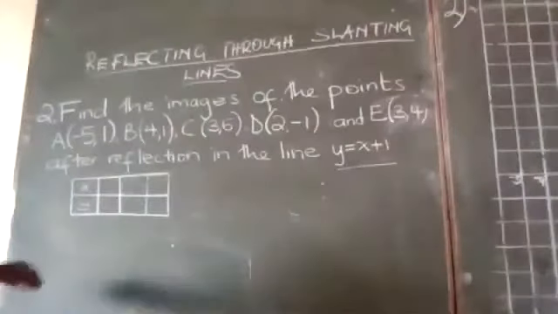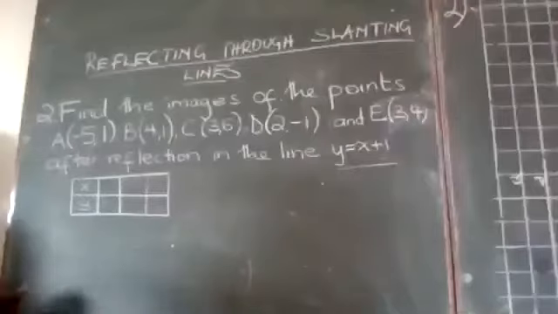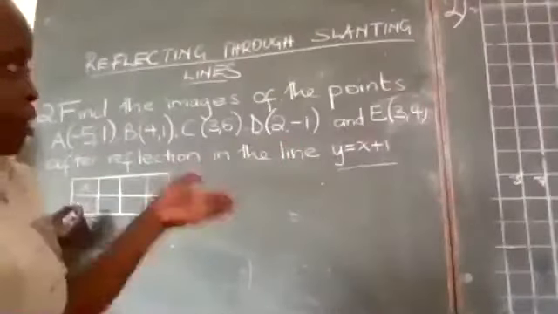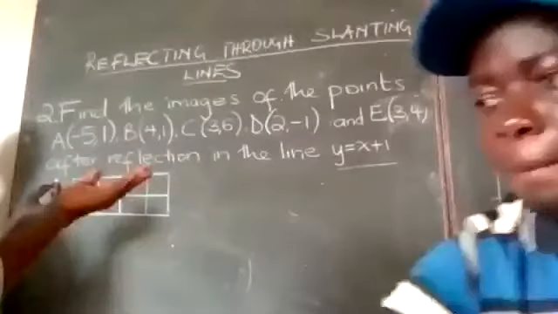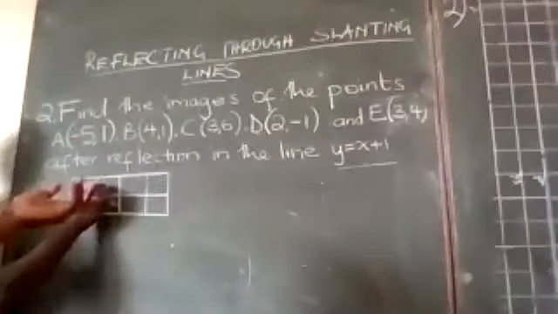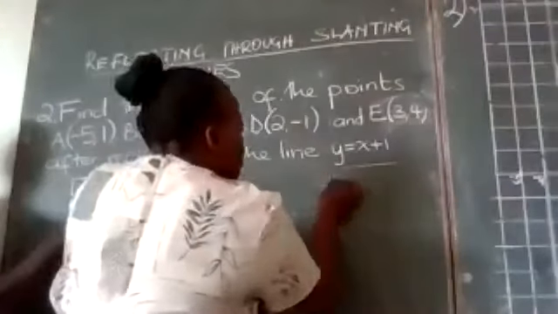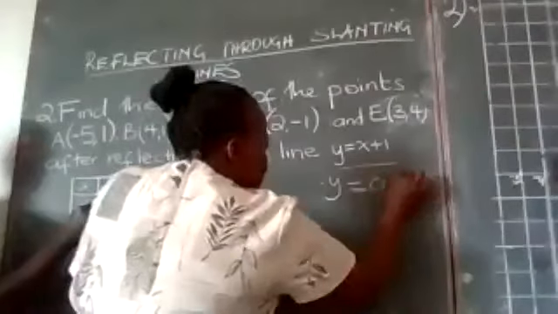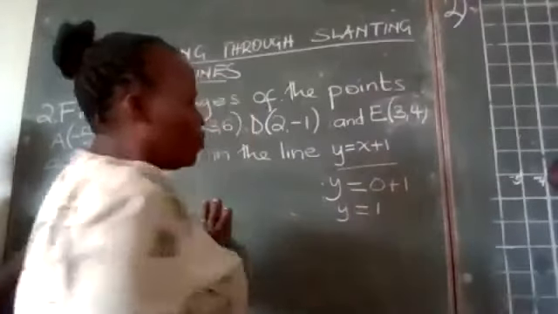We said it is better you choose points which are close to 0. In this case, we may take x to be 0. If x is 0, it means that y will be equal to 0 plus 1, which means that the value for y here will be 1.